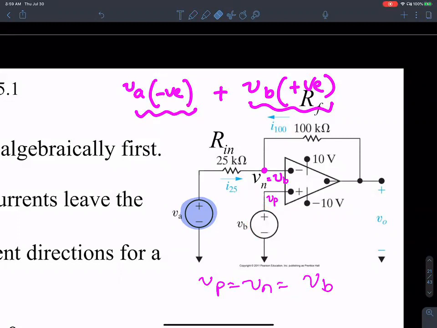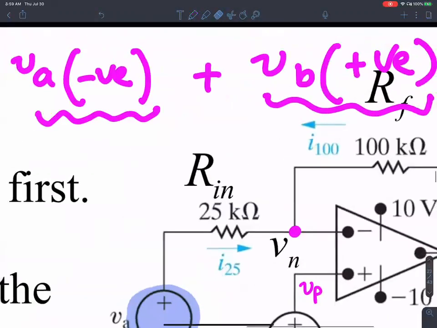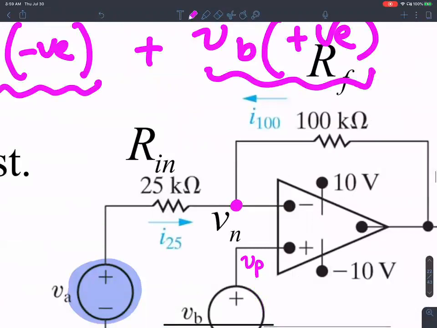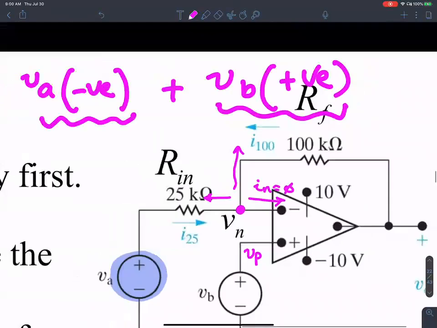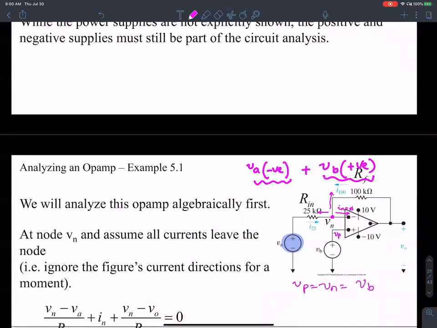All right. So the first step would be to set up KCL at this node. I want to set up KCL at the Vn node. So according to that, you would see three currents: one current going left, one current going right, which is zero anyway, and then one current going north. Let's set up the KCL.